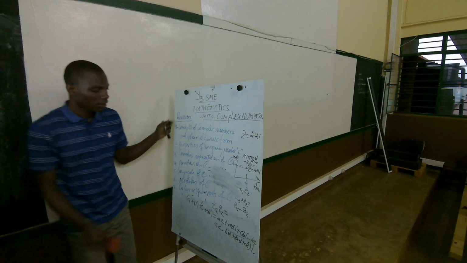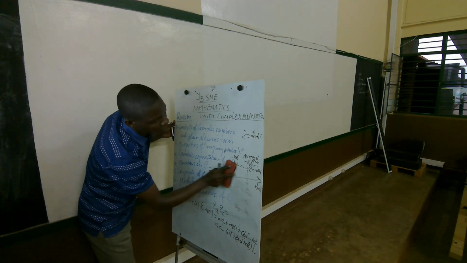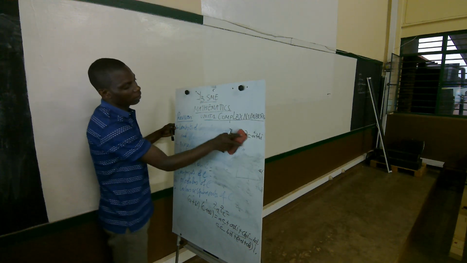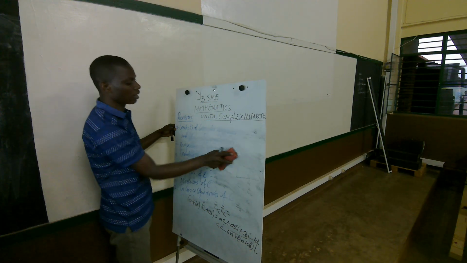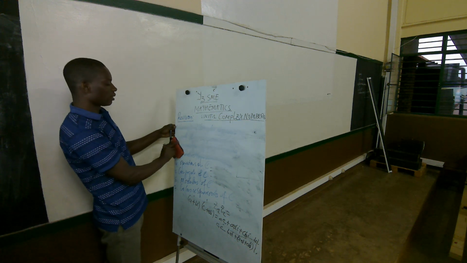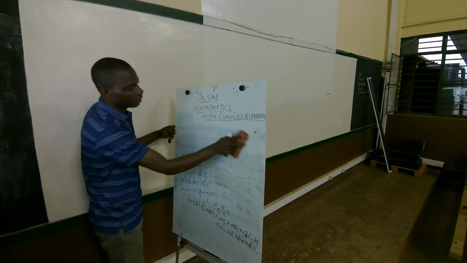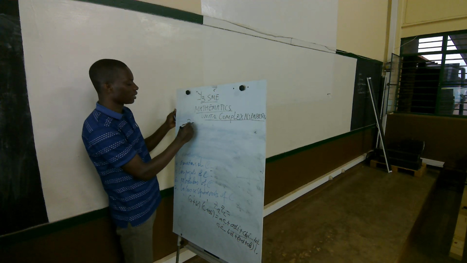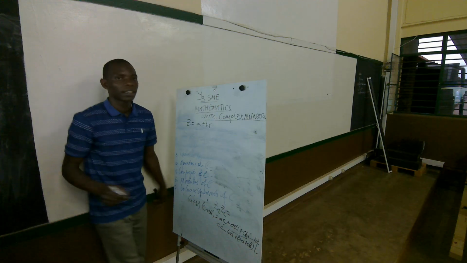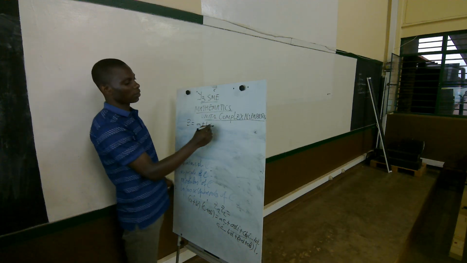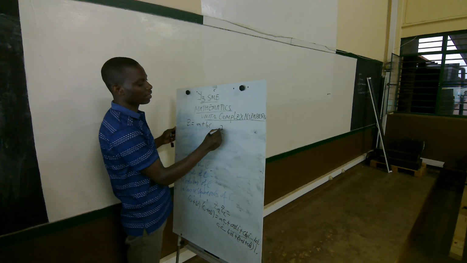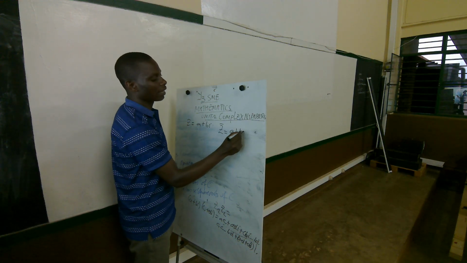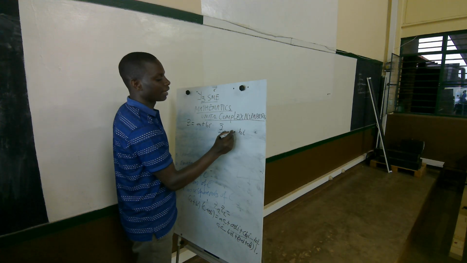So we have also the case of the conjugate. It is just to remind you that for a given complex number z, which is equal to a plus bi, its conjugate is denoted as z bar, and it is equal to a minus bi.